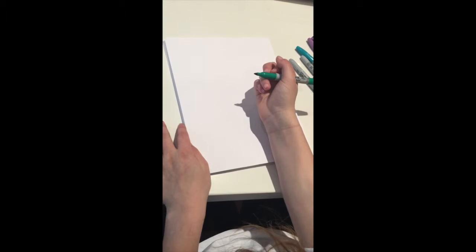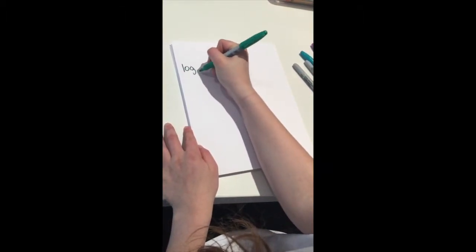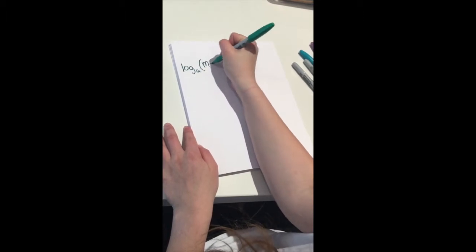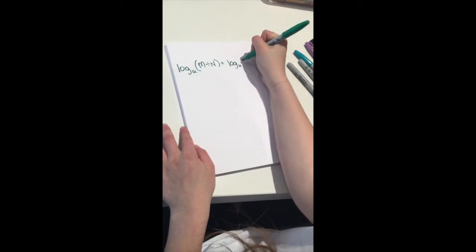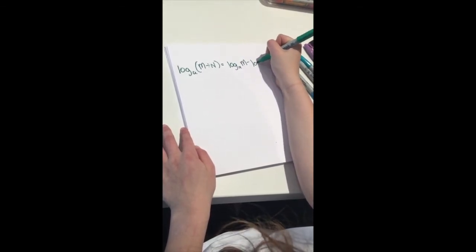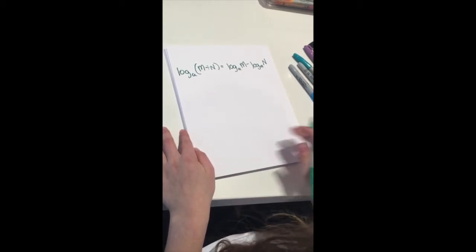The next property we are going to be talking about states that log base a of m divided by n equals log base a of m minus log base a of n. So here's a problem where we would use this property.